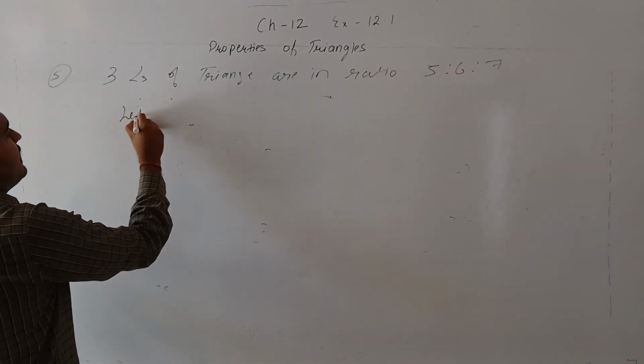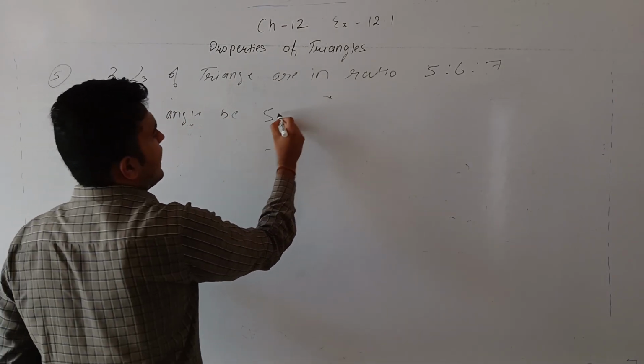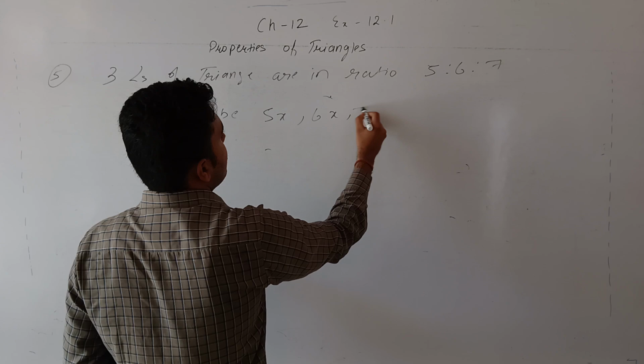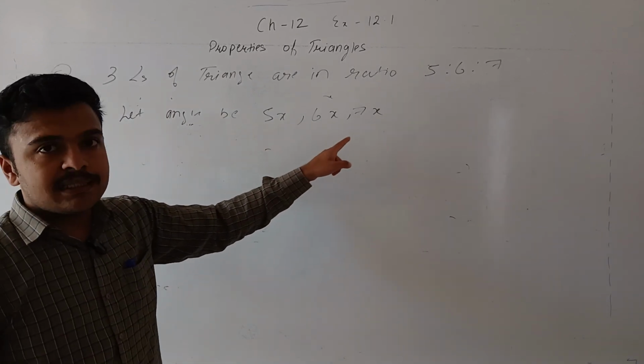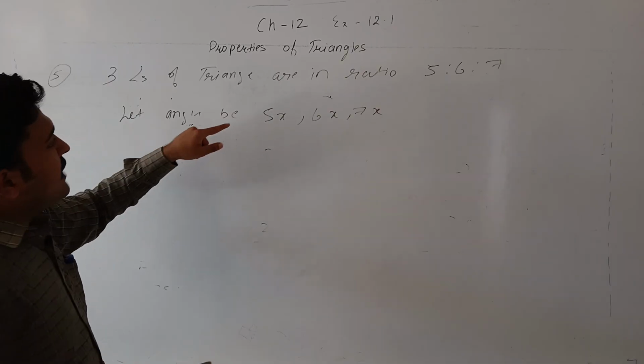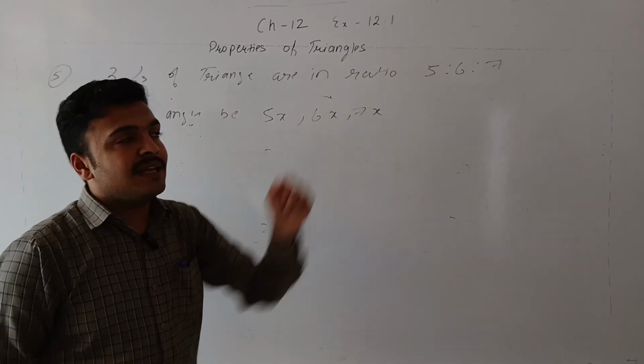So let the angles be 5x, 6x and 7x. Why is it 5x, 6x and 7x? Because their ratio is 5:6:7.